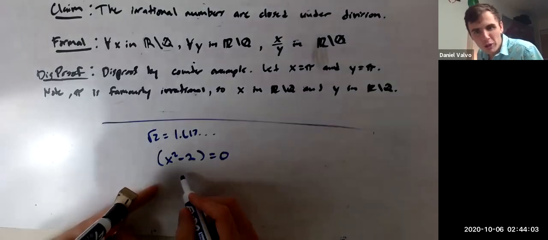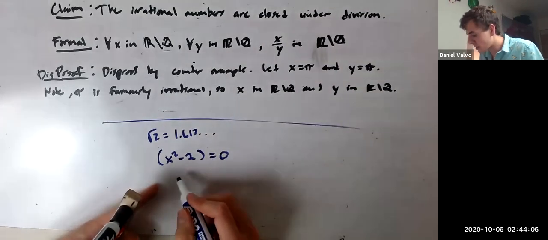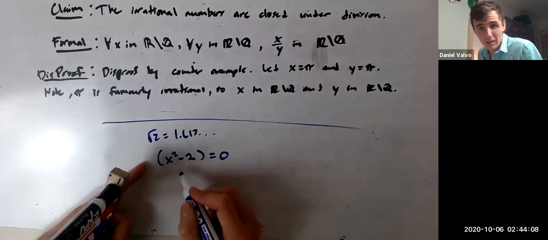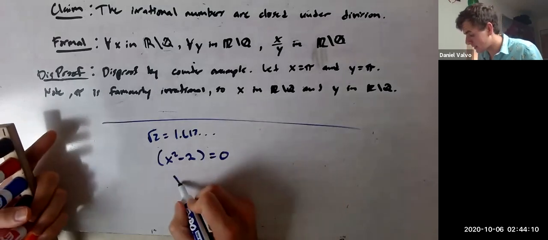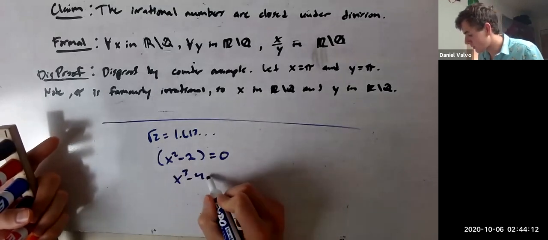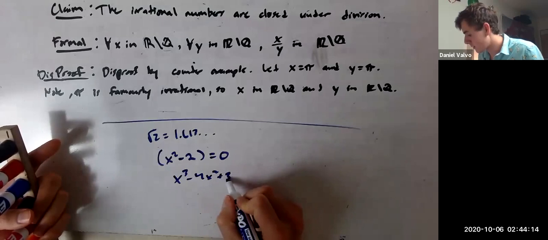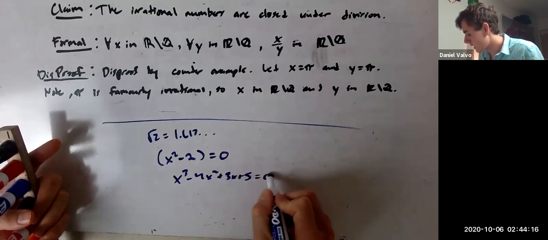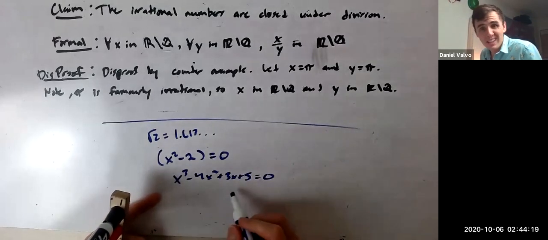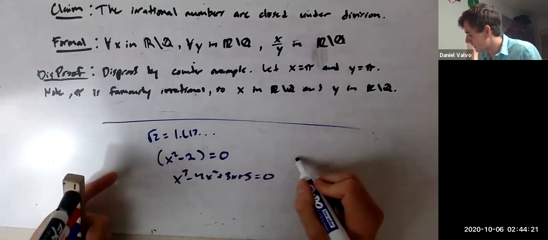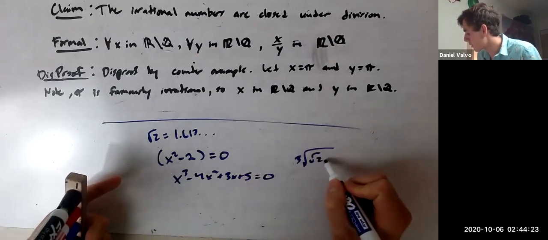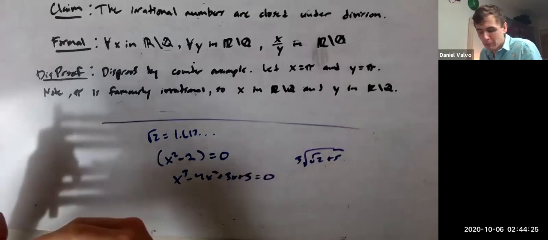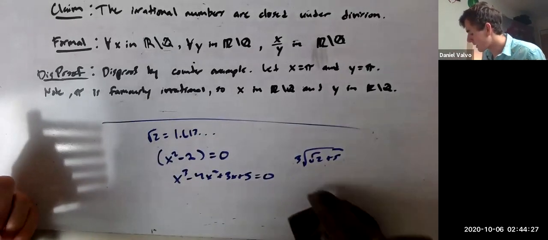That's what it means to be an algebraic number. Algebraic numbers are numbers that are roots to equations like this. And you can have even more complicated things, like x cubed minus 4x squared plus 3x plus 5. All the roots to this would be algebraic numbers. And they could be weird, things like the cube root of the square root of 2 plus 5. Those are all algebraic numbers.